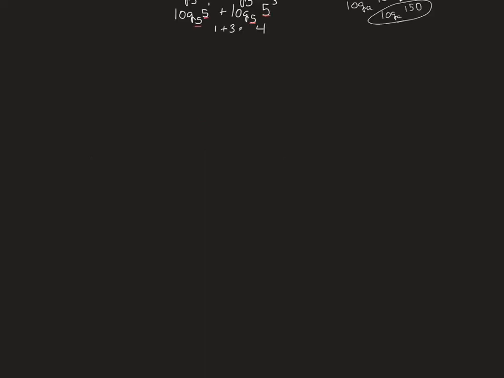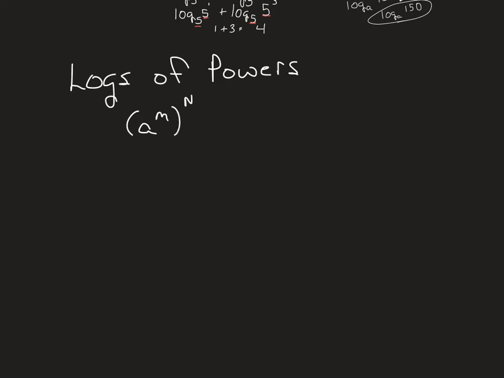Next, we want to look at logs of powers. And we're going to think about the power rule using exponents. If a logarithm is an exponent, then we can use the idea of the properties of exponents. And if we had a to the m, raised to the n, that becomes a to the mn. We multiply.